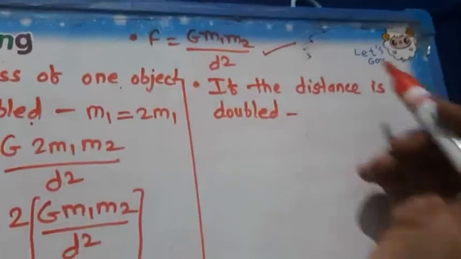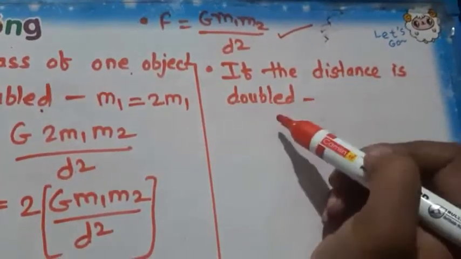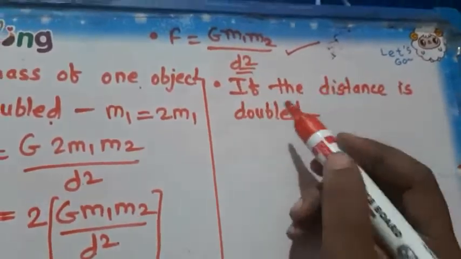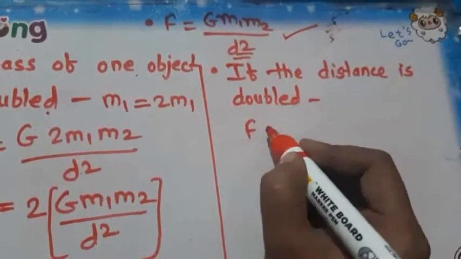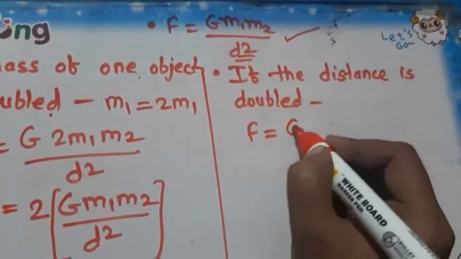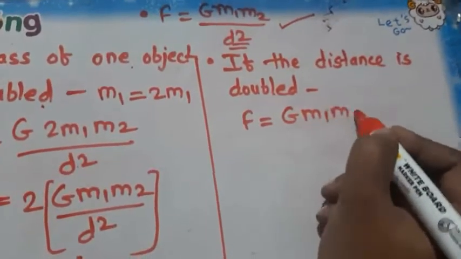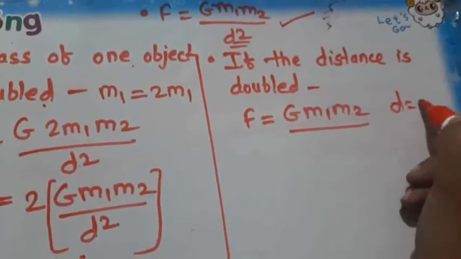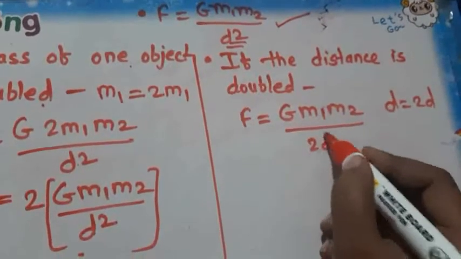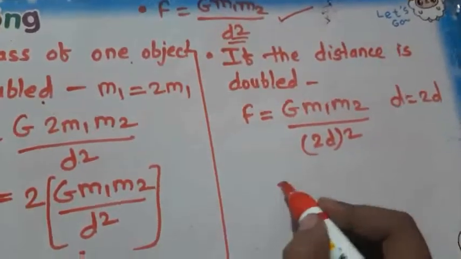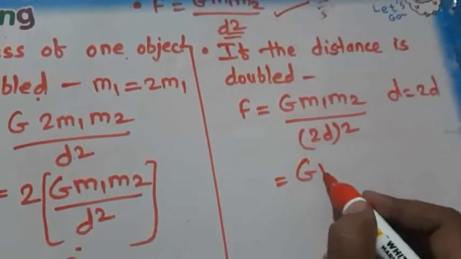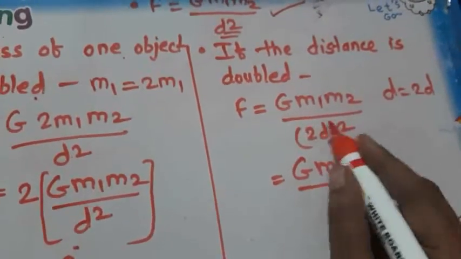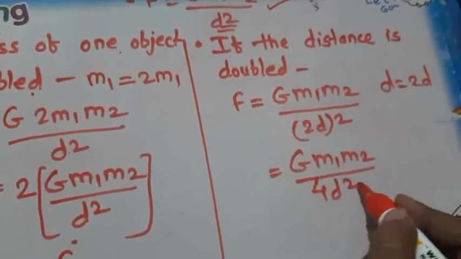Like that, second condition, consider if the distance is doubled. Distance is in the denominator. So it will become F is equal to G m1 m2 divided by, distance doubled means d will become 2d. So 2d square. As it's a square, it will become G m1 m2 divided by 2 square, 4 d square.